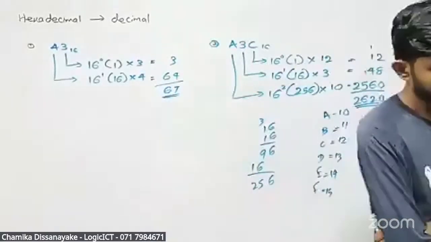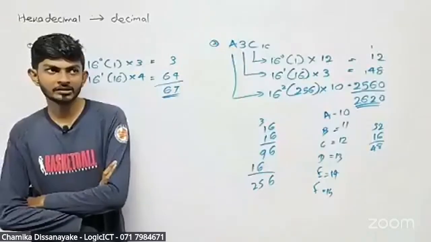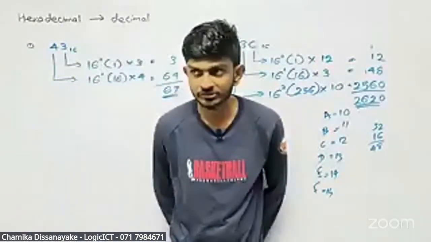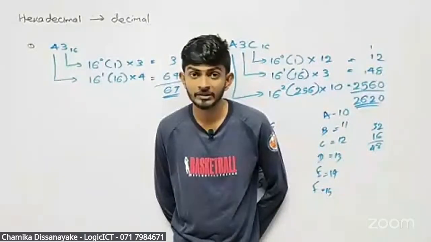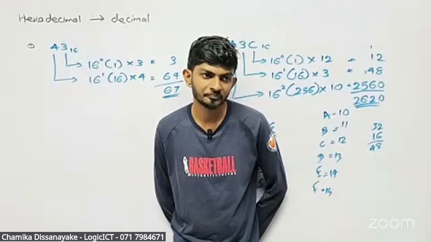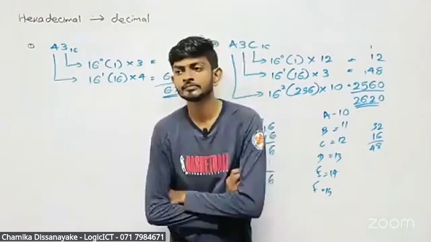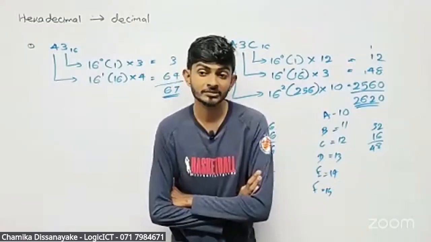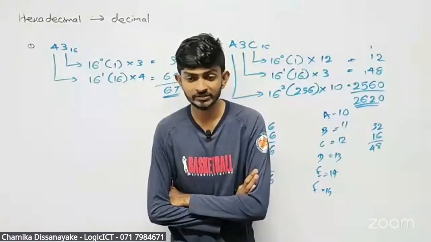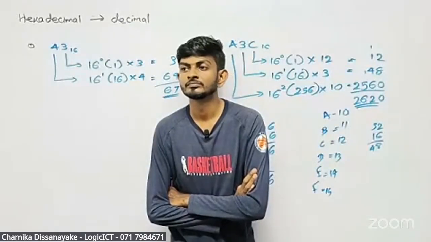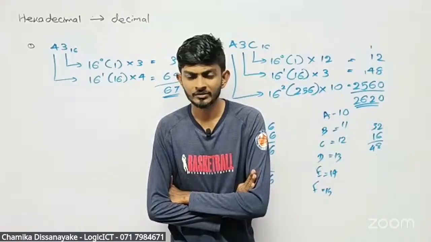In this conversion, we have to multiply the weighting factor of each symbol, weighting factor of each symbol. Full stop.